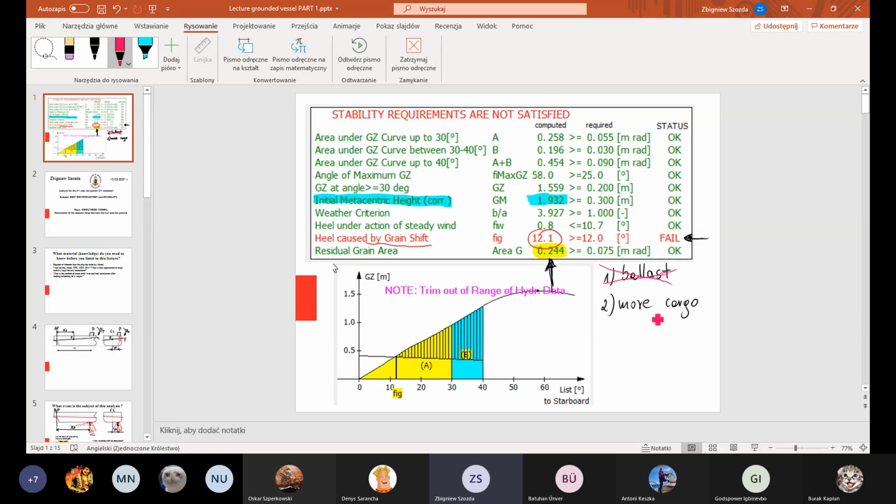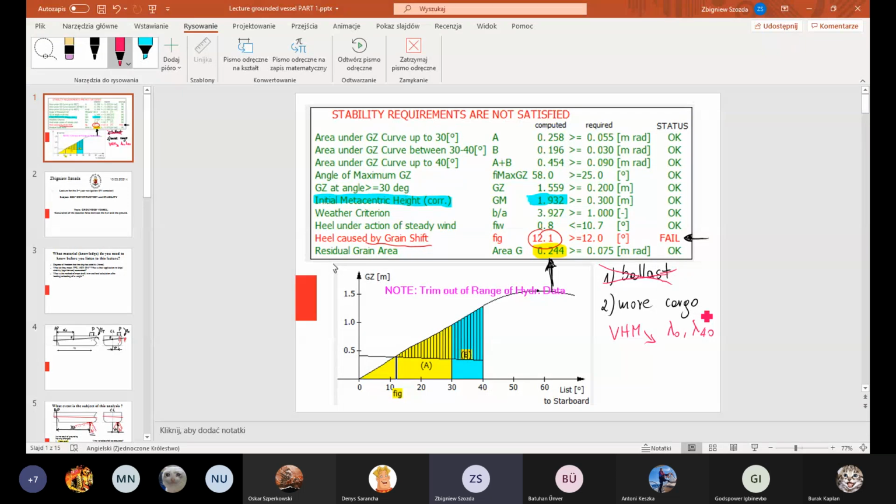Yeah. So the second option was to get more cargo, and if I remember, you checked that if there is more cargo, volumetric heeling moment goes down. Yeah. Exactly. In the table. Yes. If volumetric heeling moment goes down, it means that lambda 0 and lambda 40 go down at the same time.